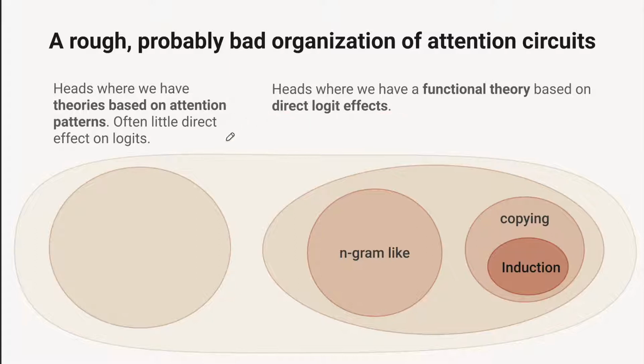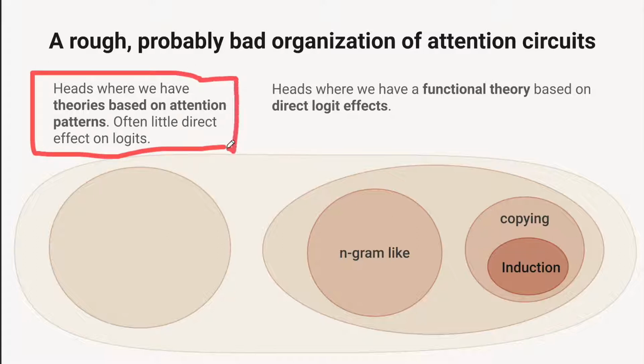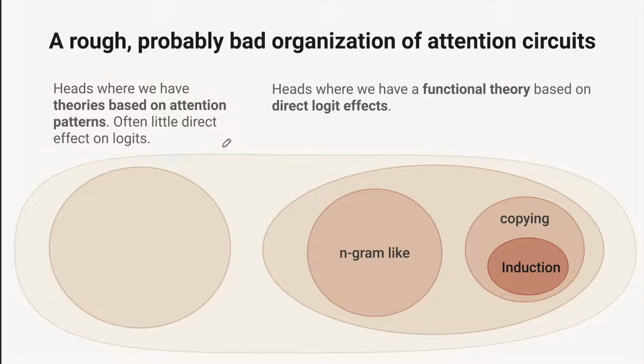Now, in a lot of cases, we won't be able to develop a functional theory, and that's probably because the attention heads have an indirect role. We might also just not have understood things correctly, but I think mostly this is especially true for early attention heads, where it makes sense that lots of other layers are going to process things, later MLPs are going to combine things with other information, and later attention heads might move it elsewhere.